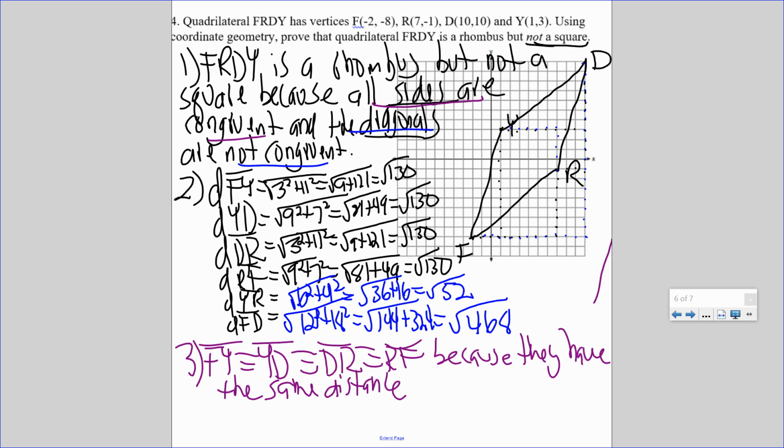And it said in step 1 that diagonals are not congruent. So tell me that the diagonals, YR, is not congruent to FD because they don't have the same distance.